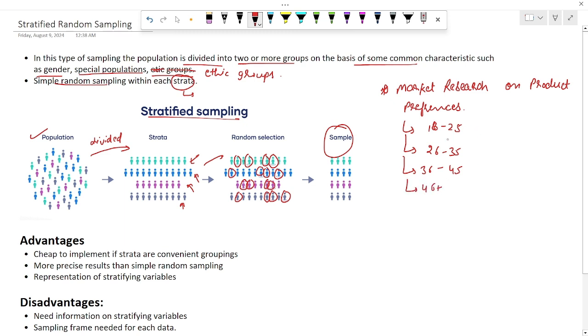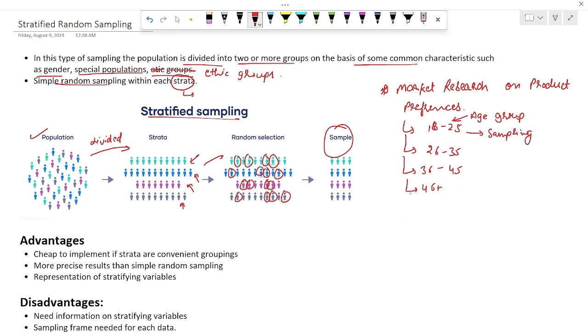Then the company randomly selects customers from each age group. This is an example of stratified random sampling.